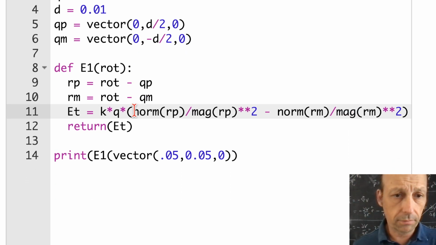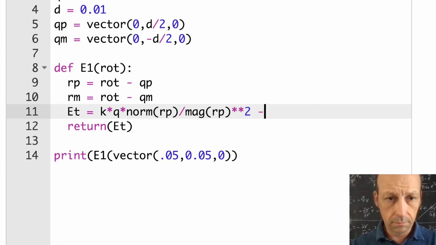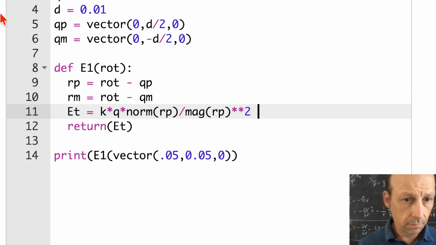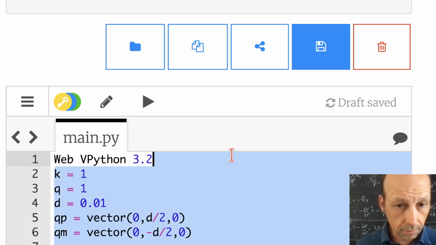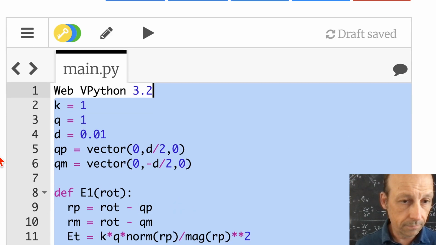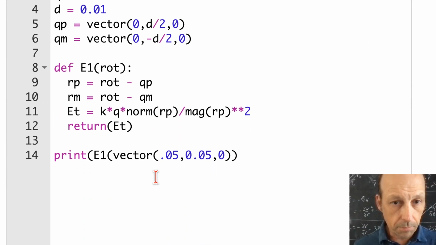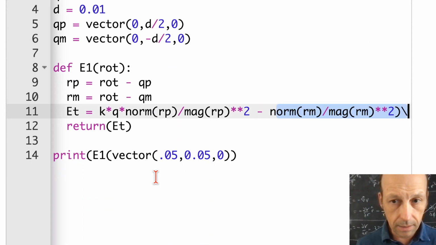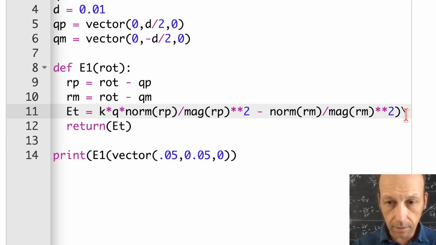Well, let's just try this. That should be fine. Oh, I'm missing it down here, in the vector. That's where I was missing it. Okay, let's put that back in. I'm just bumbling around like an idiot.